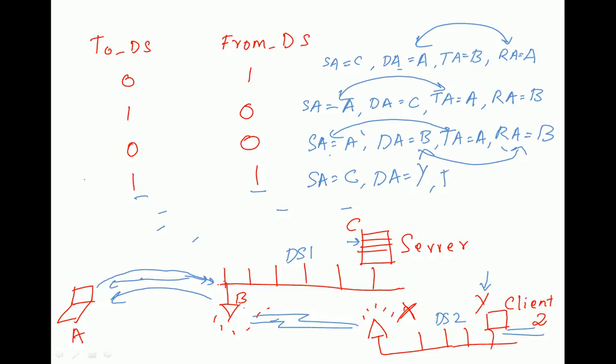Now here's the tricky part. What would the receiver and the transmitter addresses be? Any guesses? Alright, time's up, and I'm sure most of you have got it correct.